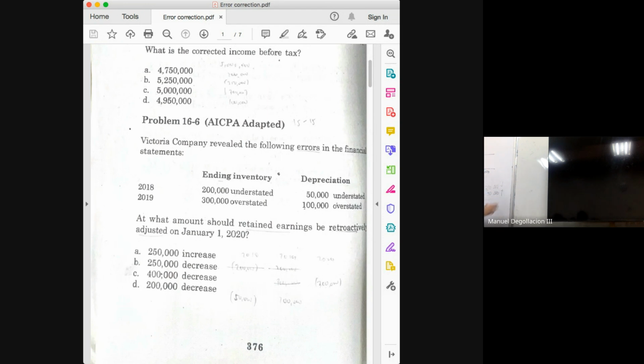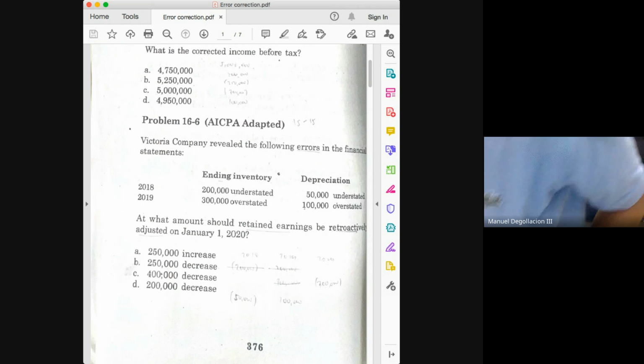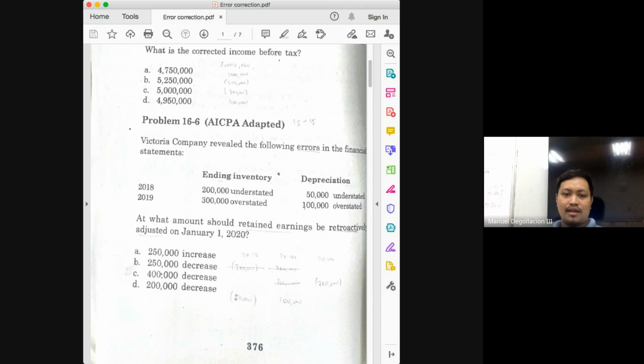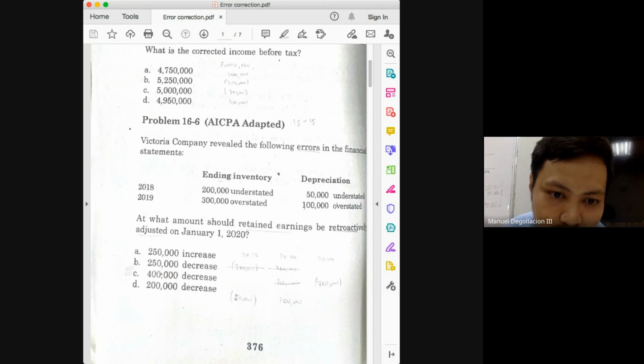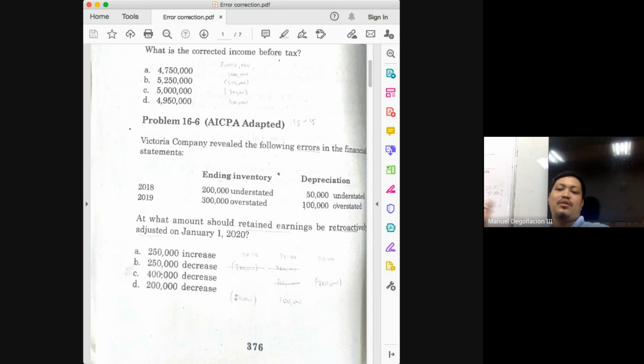So what then is the net effect on our net income in 2018? Our net income was understated by 150,000. And if net income is understated, class, what will be the effect on the retained earnings?